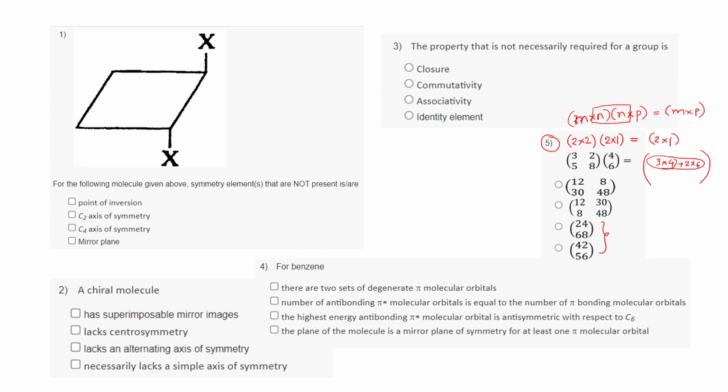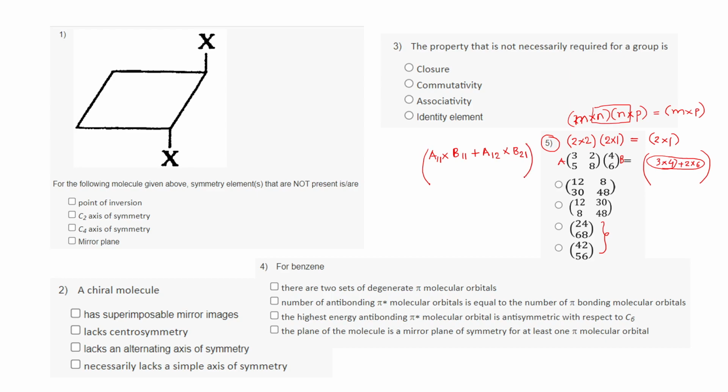Suppose this matrix is A and this matrix is B. Then the matrix element A11 is 3, first row first column, and it will be multiplied by B first row first column, and A first row second column into B second row first column.